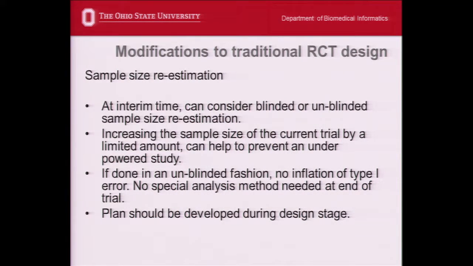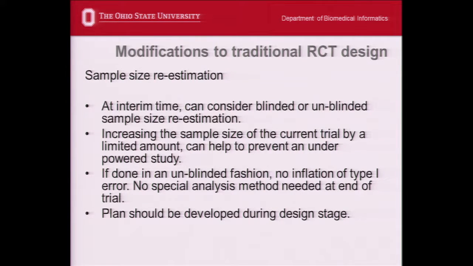Sample size re-estimation is another kind of interim step that we could consider. So we know that when we design trials, we have preliminary evidence about those design effects. And they're often in different kinds of patients from different institutions, and we don't always see the same things that we expect.